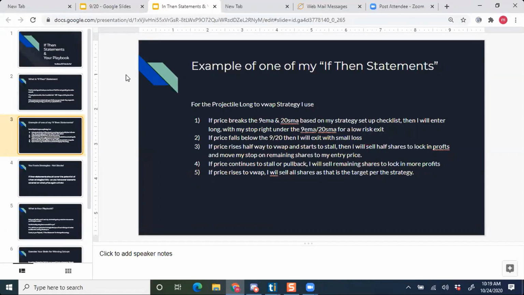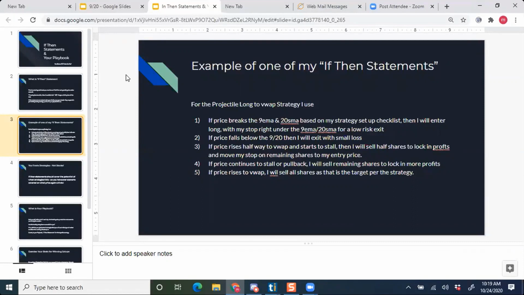So if the price rises to VWAP, then I will sell all shares. So for that one strategy, projectile long to VWAP strategy, I have 5 different if-then statements that I use, okay, for my trade. So that's an example, okay?